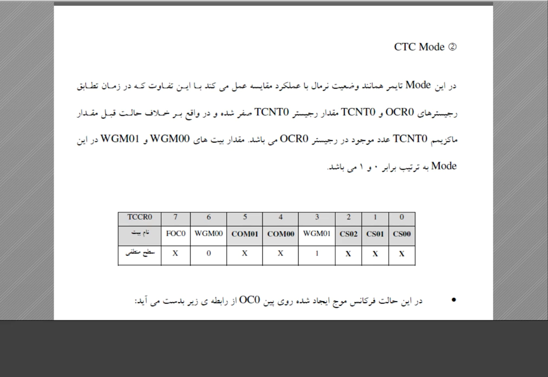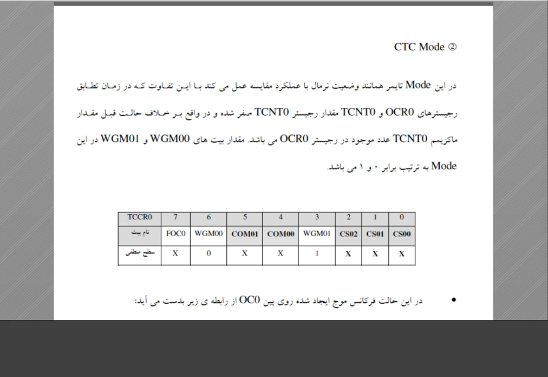Here, T count is 100 and OCR is 100. In comparing, these two registers are the same, and we are in compare match. In this mode, we say clear the timer on compare match.